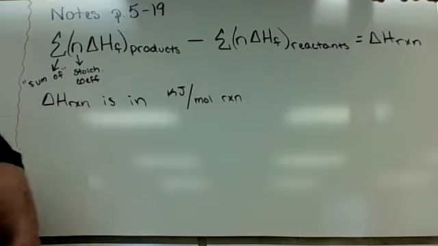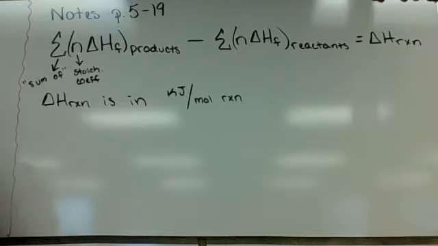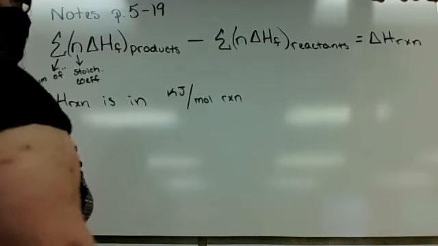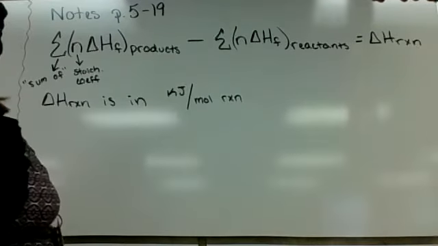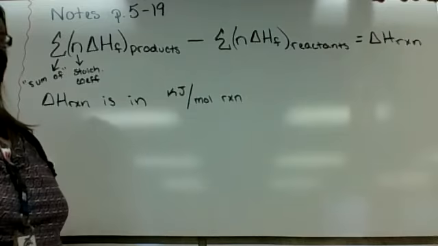What that means is that for every 1 mole of reaction, we need this many kilojoules. So basically for every reaction, if we have the perfect stoichiometric coefficients, we need that many joules. So this is just an expansion on yesterday.